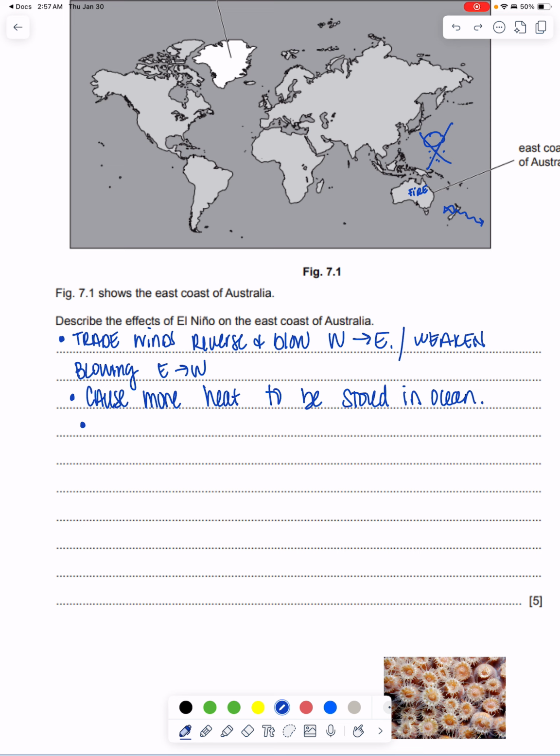Okay, and we can talk about a couple things then. We start with rainfall. That's rainfall, or you could say not that there's less droughts, but it's causing droughts. This will decrease crops.